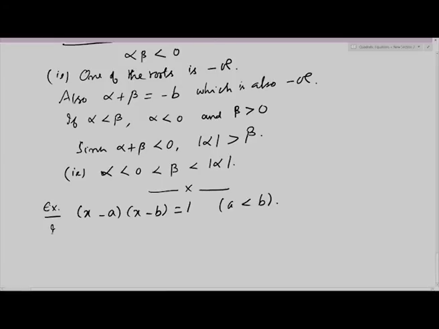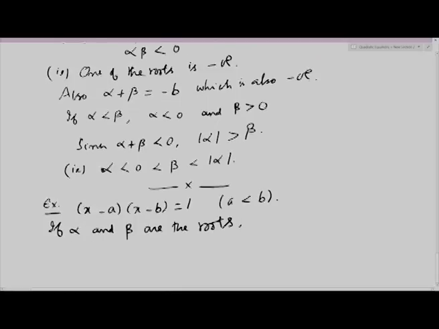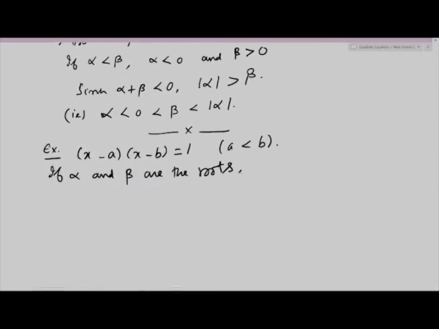If alpha and beta are the roots, now prove that a and b lie between alpha and beta.